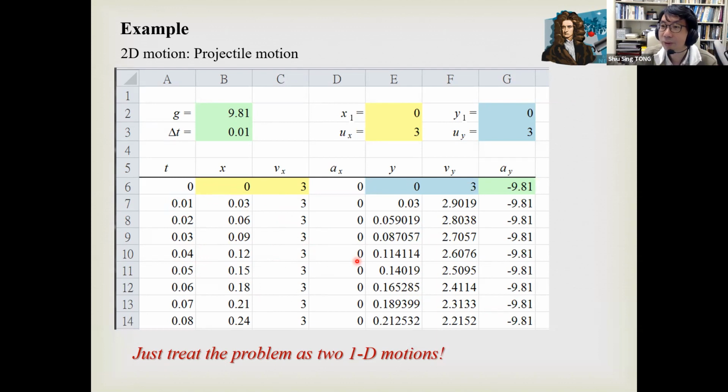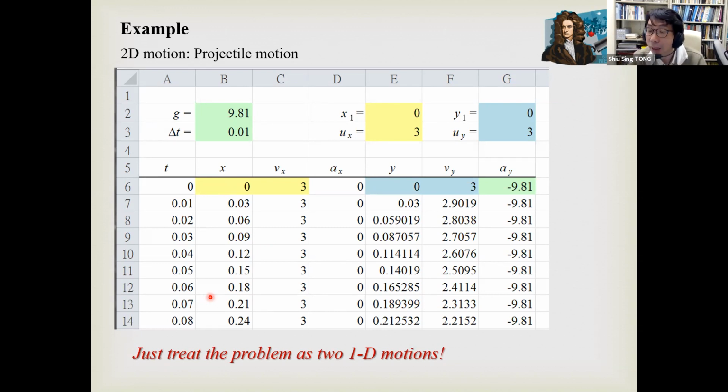Then how do you draw that? You simply plot. We have a column of y, right? And we have a column of x. So if you plot y against x, you get the trajectory. You get the shape of the trajectory, which should be a parabola.